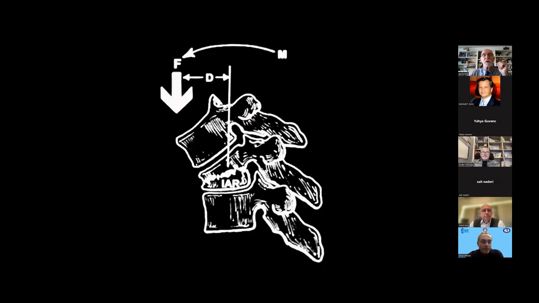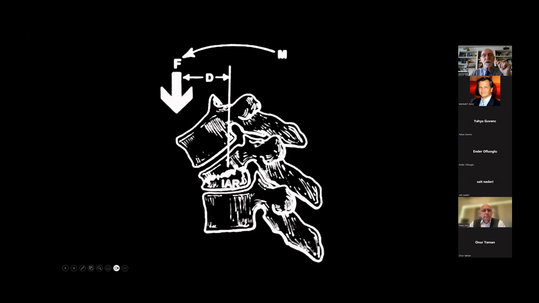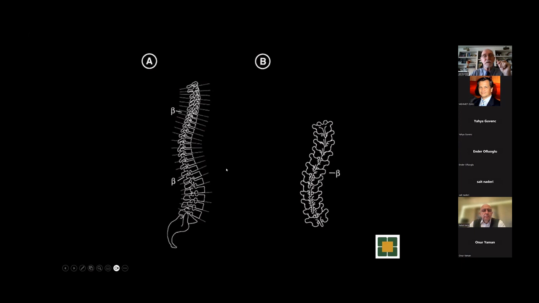The fundamental cartoon of what we deal with is this one. A force that is applied at a distance d creates a bending moment, which is the product of the force times the distance. That bending moment causes a concentration of stresses ventrally and then causes them to propagate dorsally as the spine rotates about the instantaneous axis of rotation.